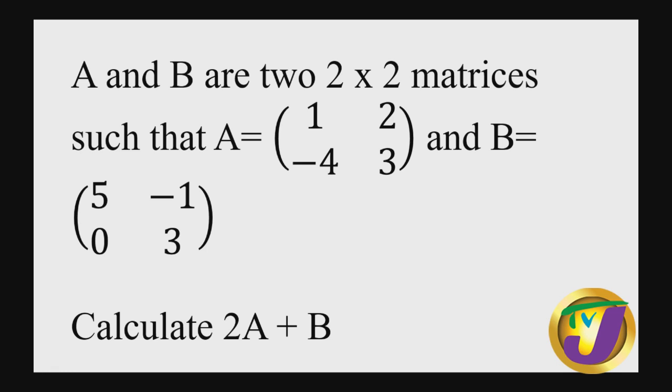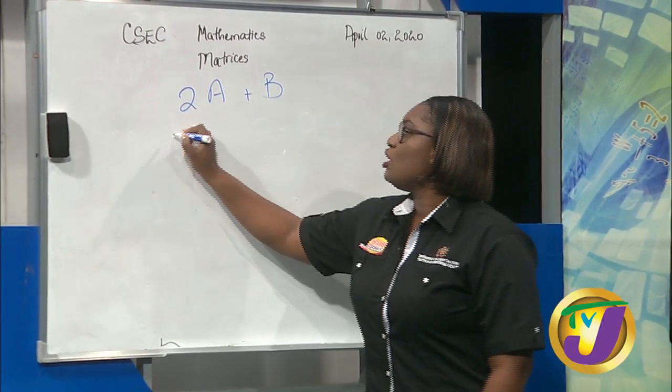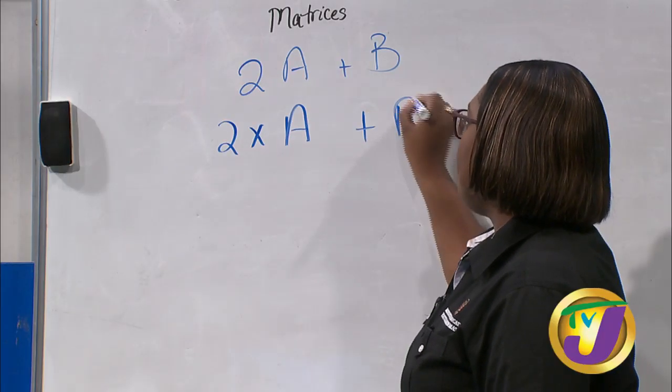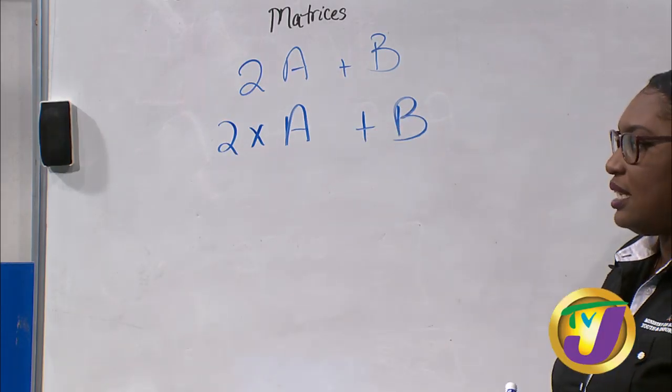Now let's look at that. We're asked to find 2A plus B. Remember, we just looked at scalar multiplication, so we know that 2A is the same as saying 2 multiplied by matrix A, plus B. Good. So let's walk through it.